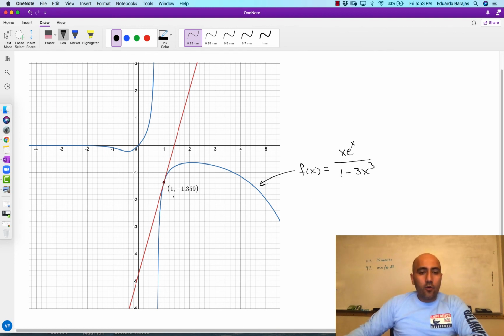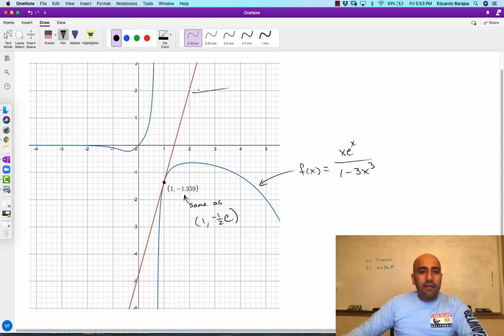This point right here is the same thing as the point 1 comma negative 1/2 e. That's an approximation, so we get this point right there.